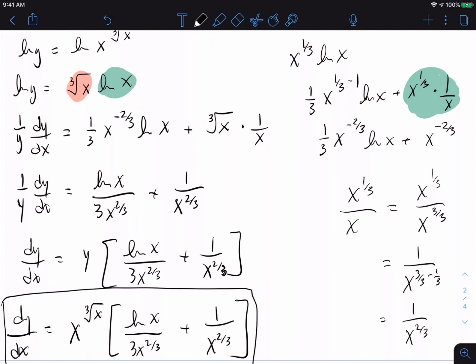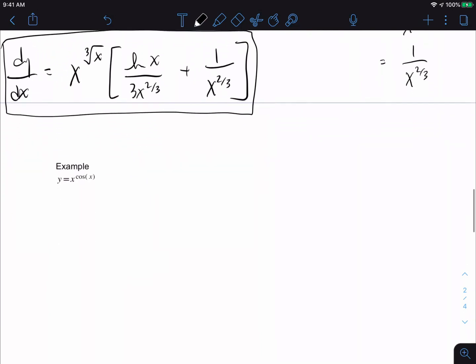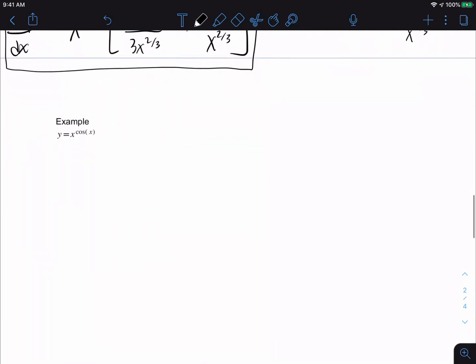You guys ready for me? All right, let's see. So again, we notice there's a variable in the exponent, so we're going to use the same trick. So I'm going to go ln of y is equal to ln of x cosine of x.